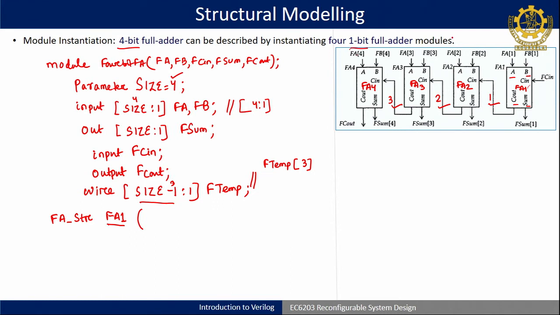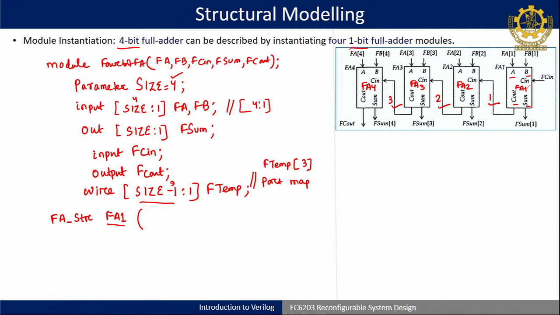And if my entire module is a top module, it has its own inputs and outputs. This has to be properly connected, which we can term port mapping. Port mapping has to be done in this module instantiation.